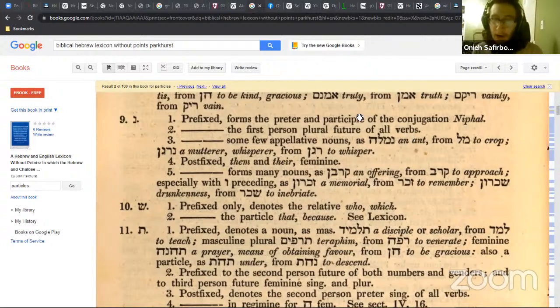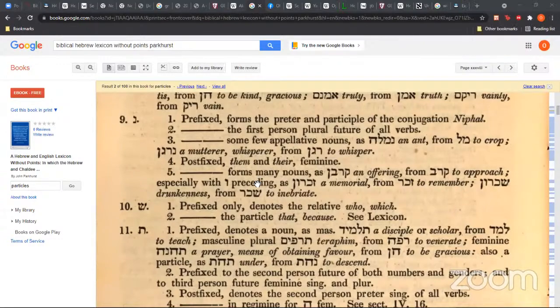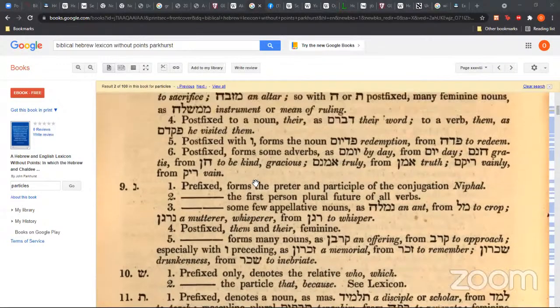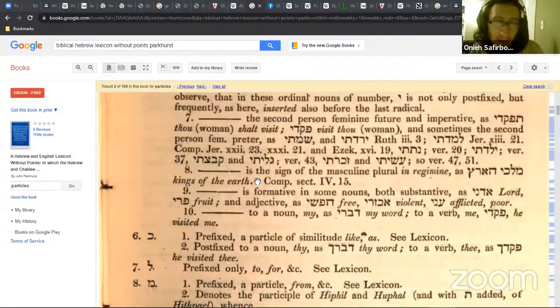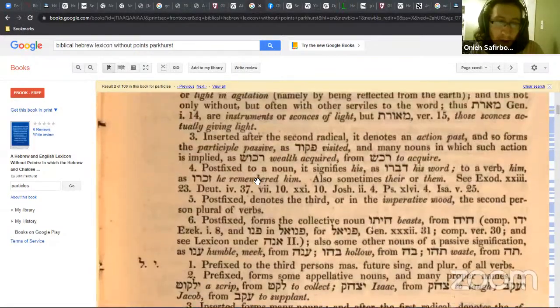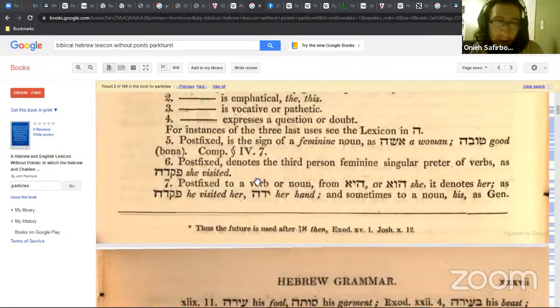Looks like Gregory's coming on. Hey, Gregory. So we're just going through right now, we're almost near the end of this, but I'm going through and showing the different prefixes and suffixes that can be added and what they can signify.